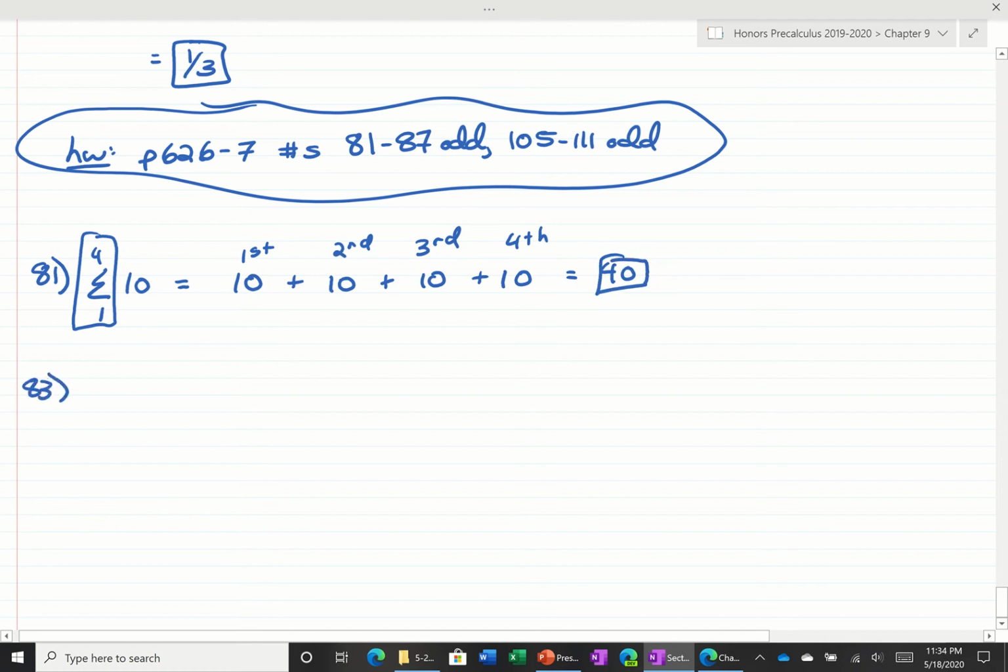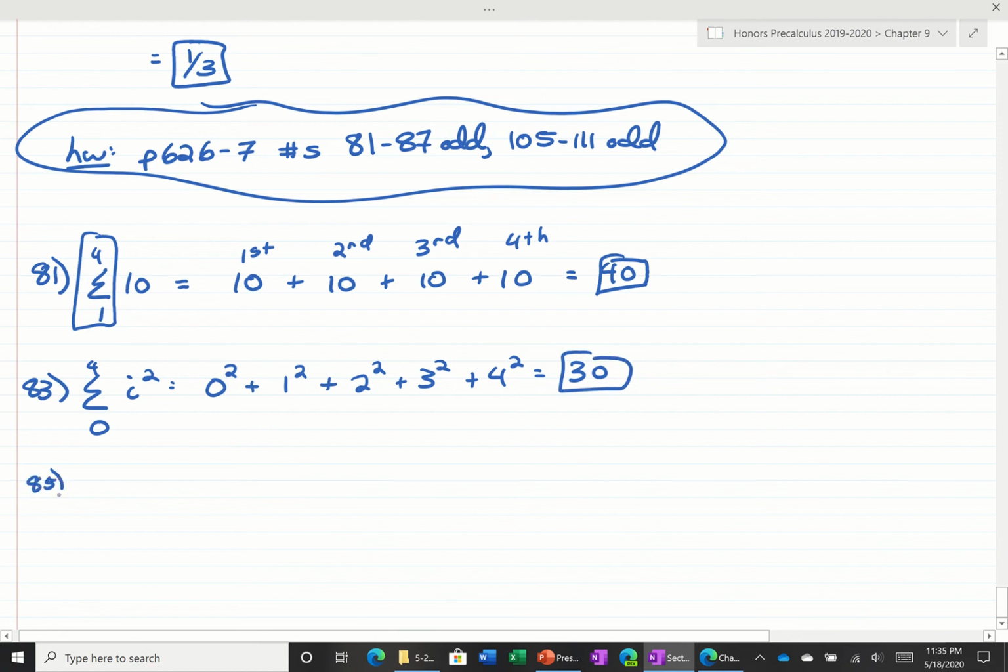Number 83, we're finding the sum from 0 to 4 of i squared, starting at 0, then going to 1, 2, 3, 4. And if you were to type those into your calculator, that would come out to be 30.